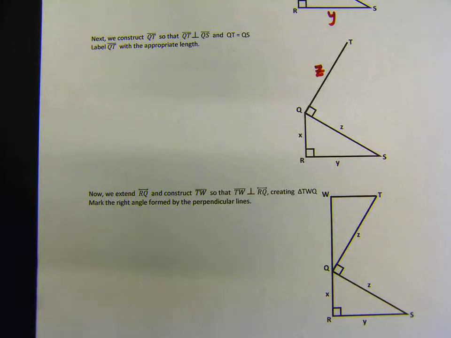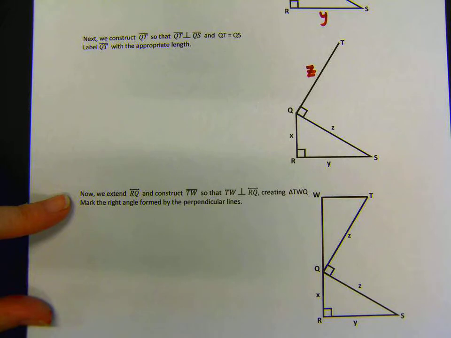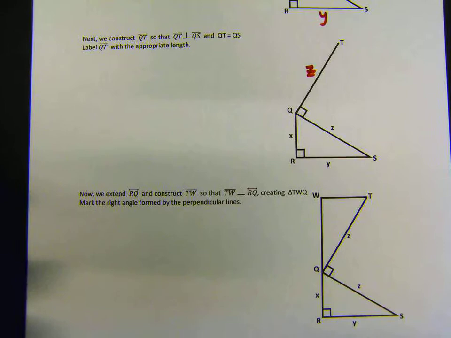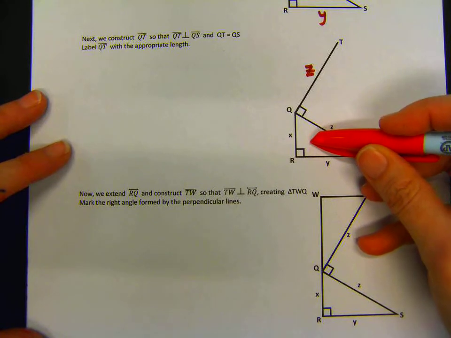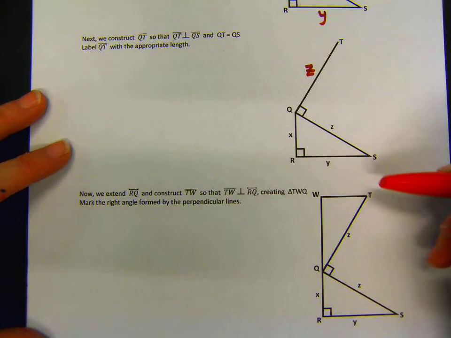Now we extend RQ and construct TW. So TW is perpendicular to RQ, creating TWQ. Mark the right angle formed by the perpendicular lines. Thank you, Joseph, for reading that. Let's see, so I'm going to translate as teacher. They extended RQ, so they kept it going up, and they constructed TW.